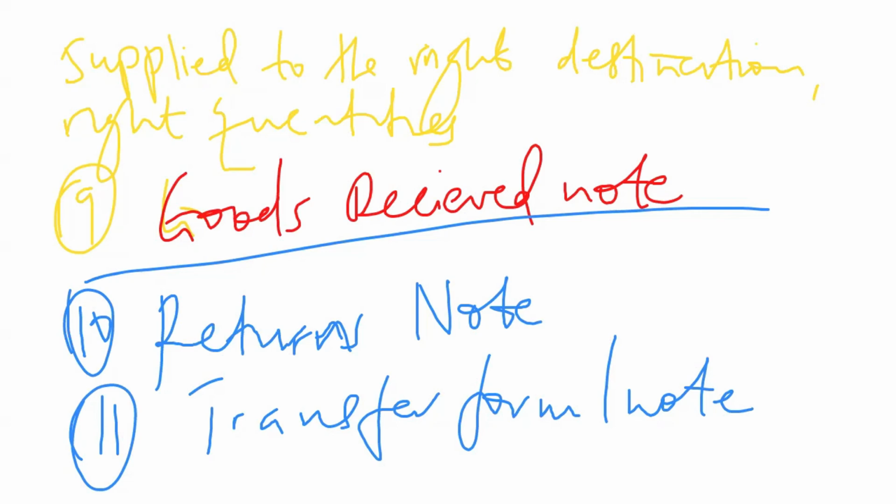Because we also said that the store's ledger card will further lead us to a store's ledger account, and this is specifically when you are doing double entry for raw materials.